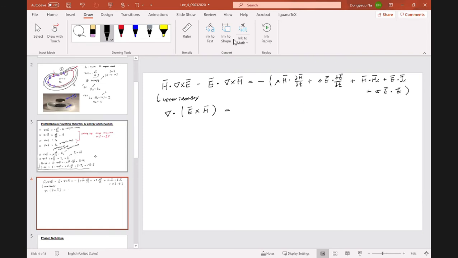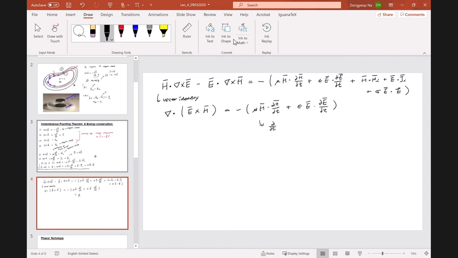We first consider the simplest case, meaning that we don't have any source and any conduction current, so we have just the first two terms on the right-hand side. We can also write each term this way by using the product rule.